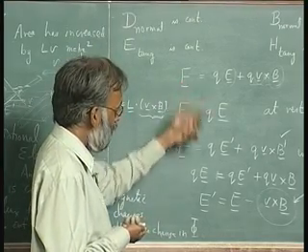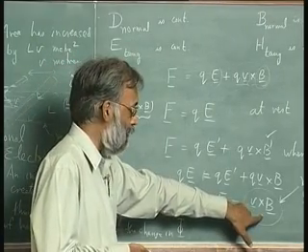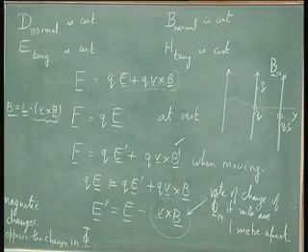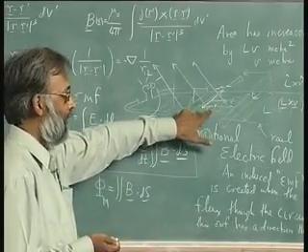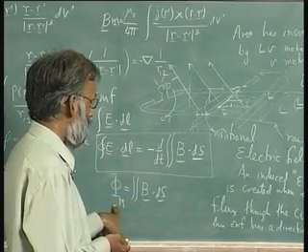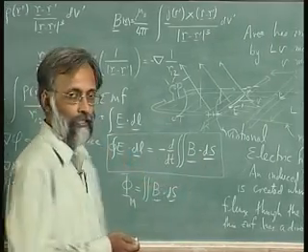The moment you require that, you find that the electric field has a correction term to it, which is V cross B. You take that V cross B and you find that V cross B is nothing but change in magnetic flux, and you can write down this equation.